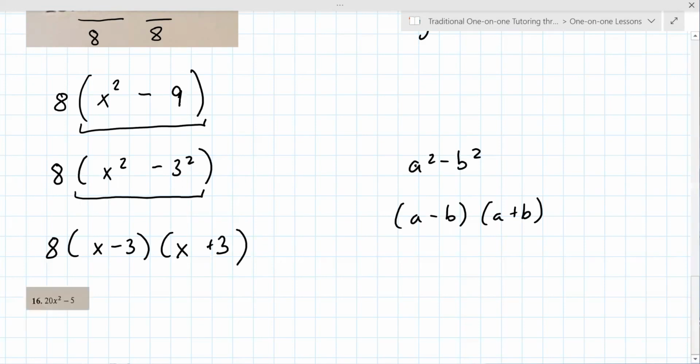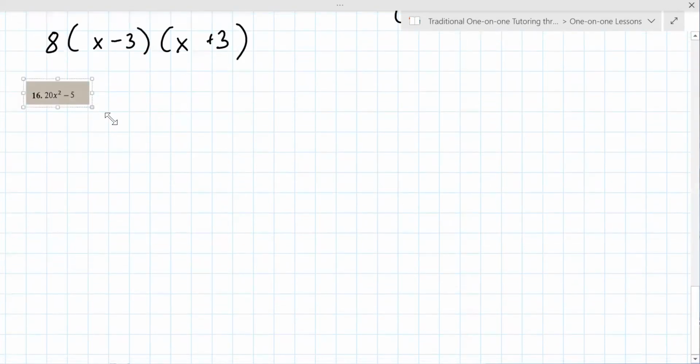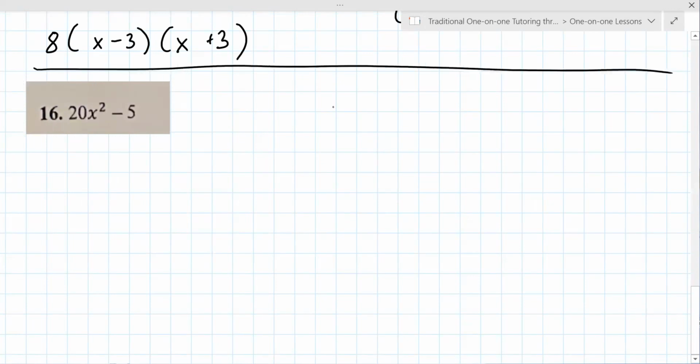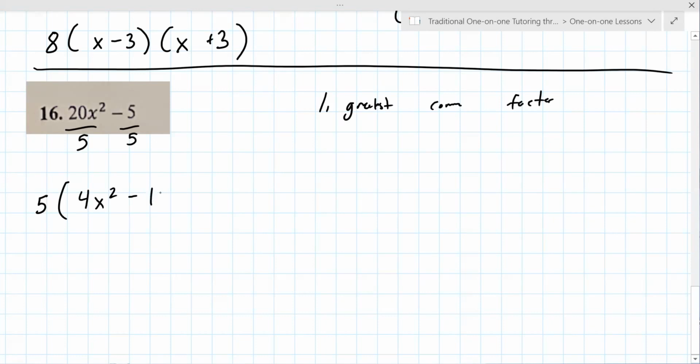This one also has a greatest common factor, the biggest number that divides both. So see how this is divisible by 5 and this is divisible by 5? So put 5 on the outside, and then it's 4x squared minus 1.